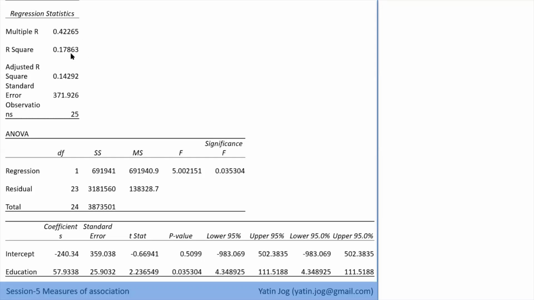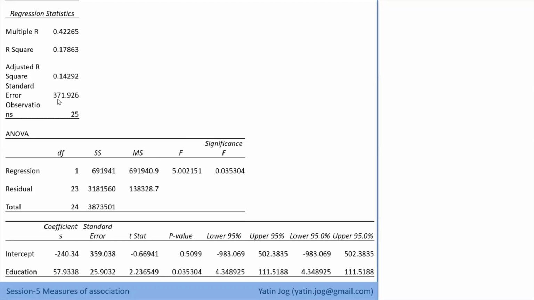I told you that R square tells the confidence in your model. Whatever model you have, y equals mx plus b in this case, because we have only one independent and one dependent variable, the confidence you have in your linear regression model is given by the R square value.